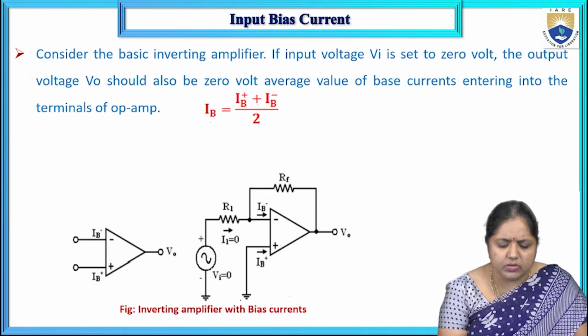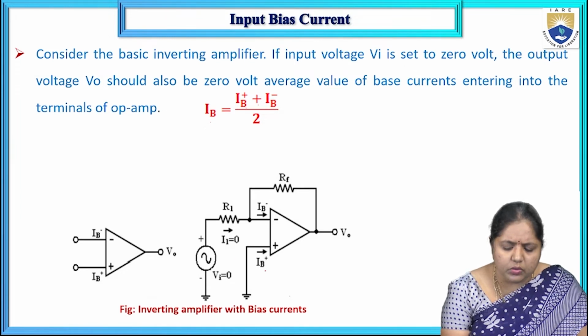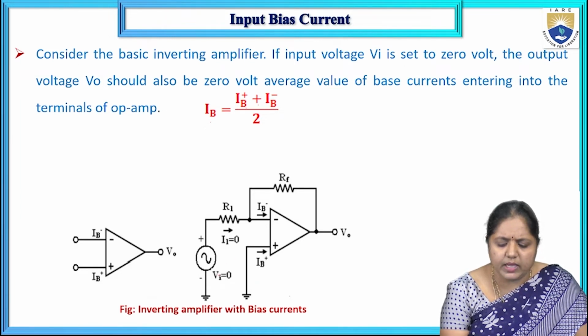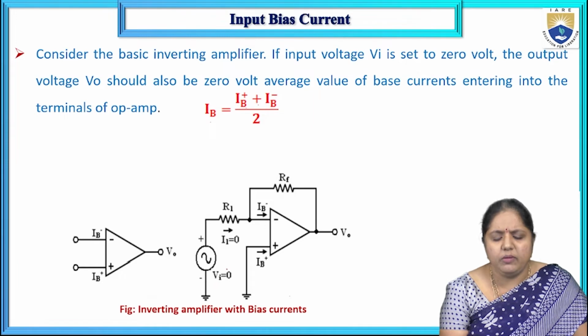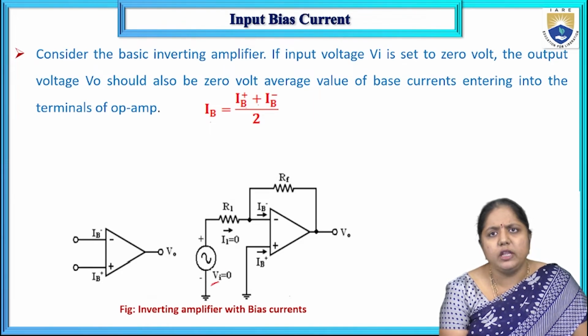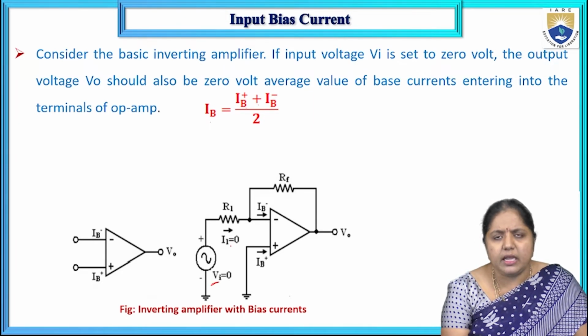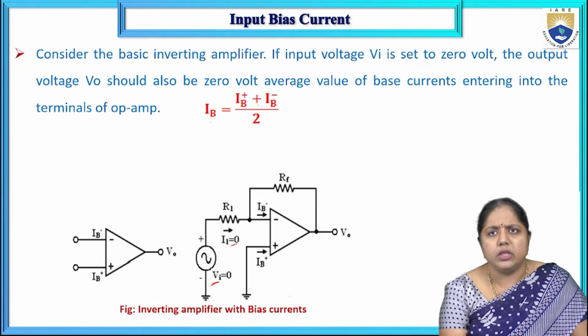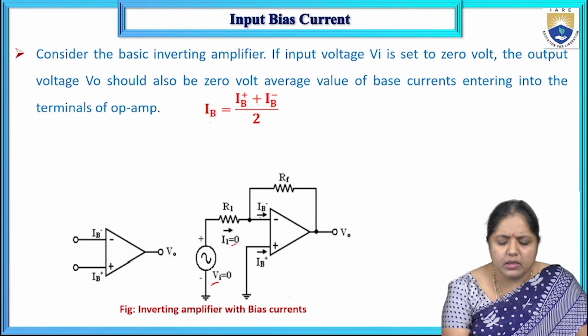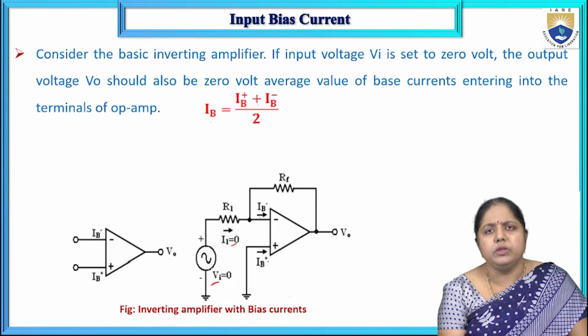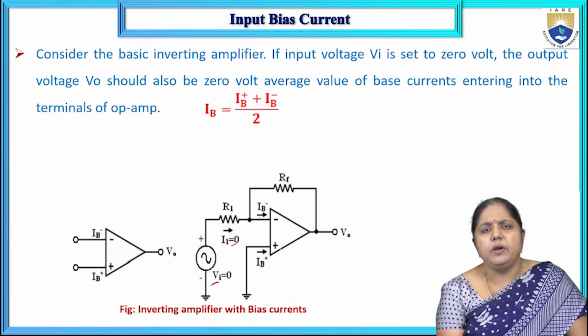If you consider this circuit, I am taking the inverting amplifier itself. In this inverting amplifier, with the input voltage equal to 0, the current is also 0. These are the IB minus and IB plus, which are entering the input of the operational amplifier.